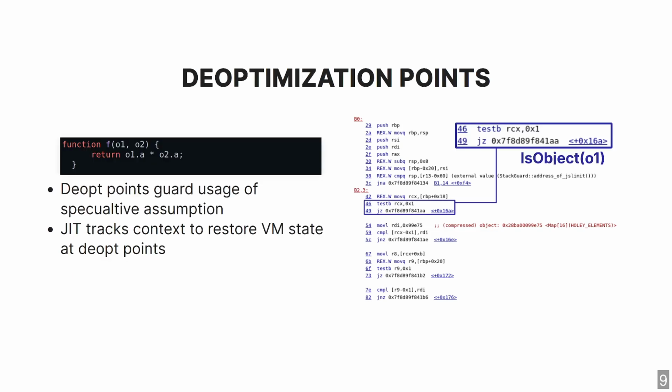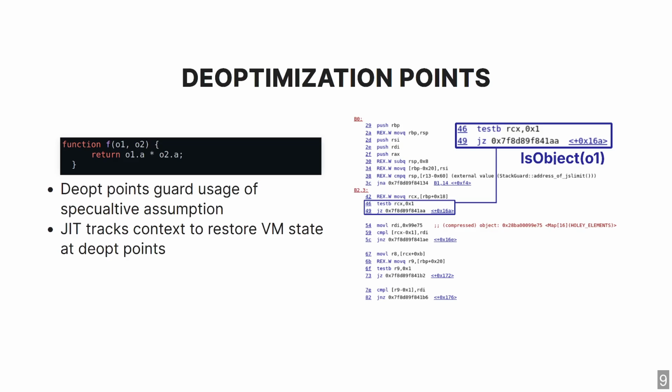Our approach ends up using the de-optimization points, which I will briefly explain. So if function f was JIT compiled with some assumptions over the types and values of the inputs, then the JIT compiler can't be sure that these assumptions are true forever.